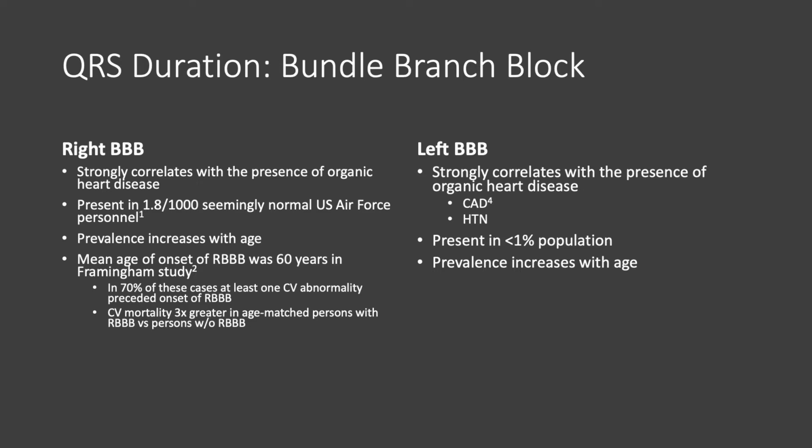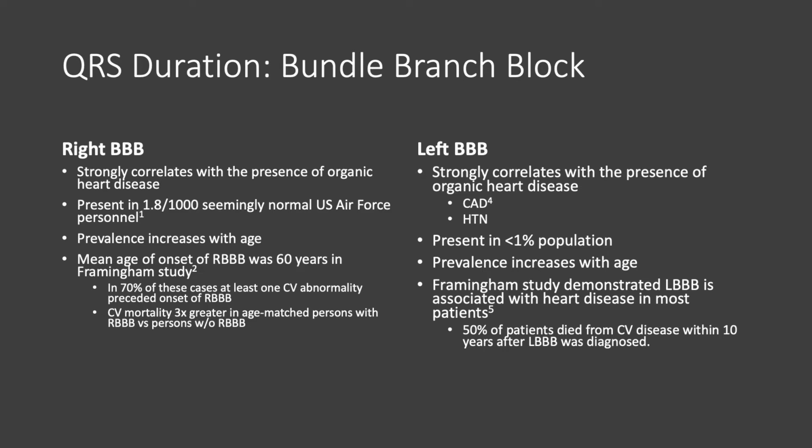The Framingham study showed us that 70% of patients with a right bundle branch block already had at least one cardiovascular abnormality that had been identified. But interestingly, cardiovascular mortality in the right bundle branch group was 3 times greater than in age-matched persons without right bundle branch block.